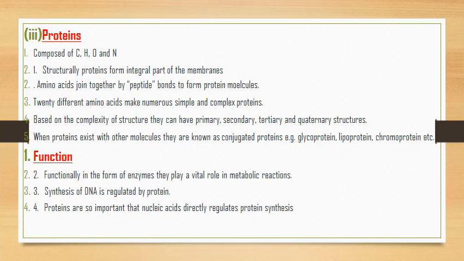When proteins exist with other molecules, they are known as conjugated proteins: glycoprotein, lipoprotein, chromoprotein, etc. Function: functionally, in the form of enzymes, they play a vital role in metabolic reactions. Synthesis of DNA is regulated by protein. Proteins are so important that nucleic acid directly regulates protein synthesis.